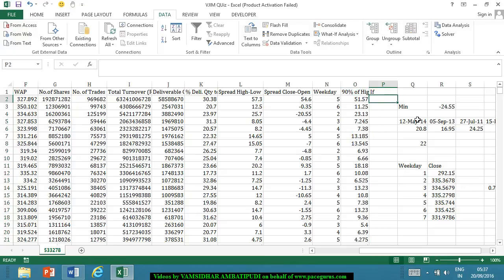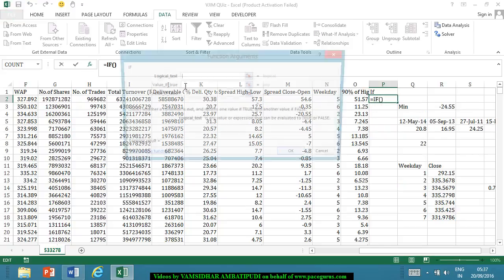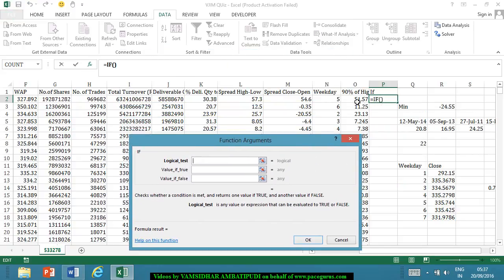Then we'll use our if function saying if this particular value, which is the spread close minus open, is greater than or equal to 90% of high minus low, I will set it, let's say, as 1, otherwise I'll set it as 0, so that I can simply sum them up.